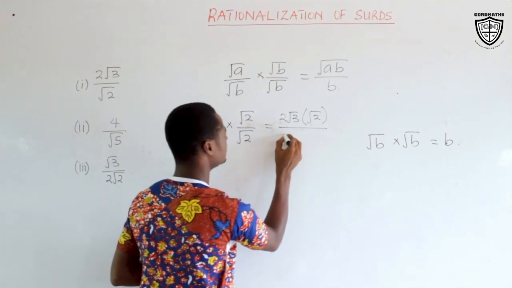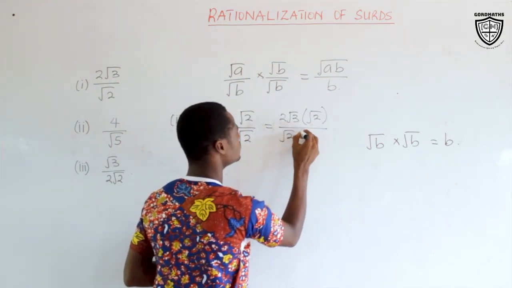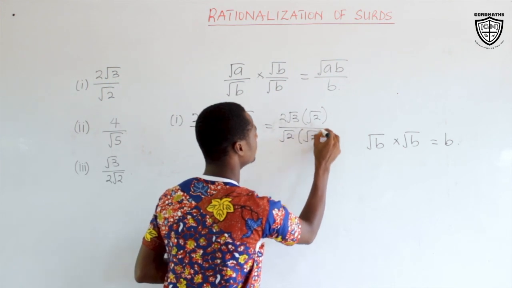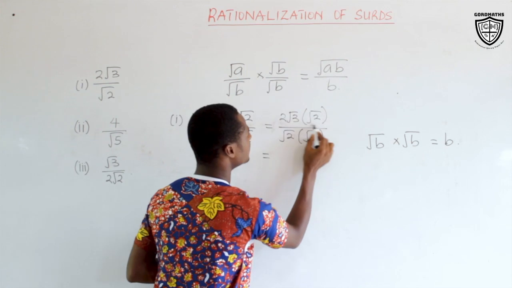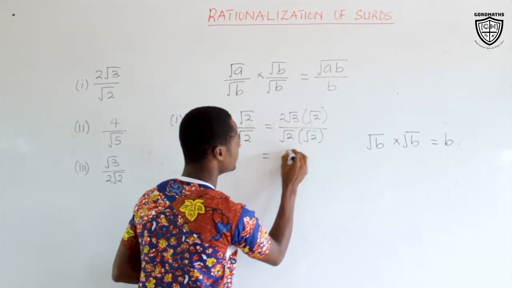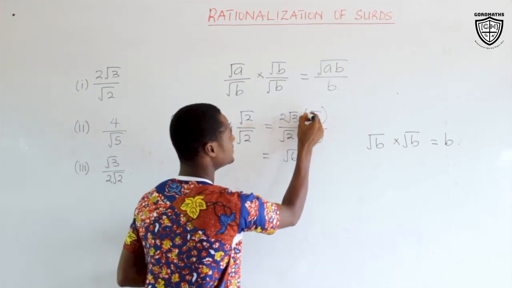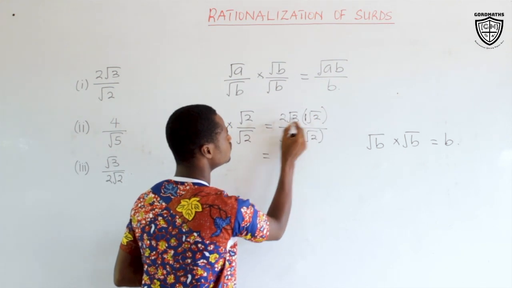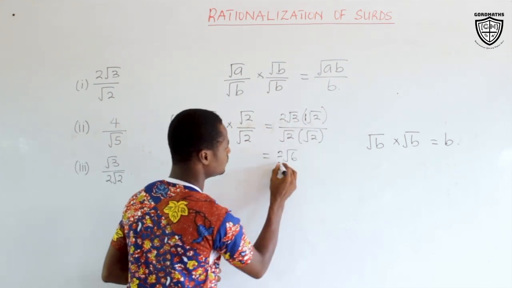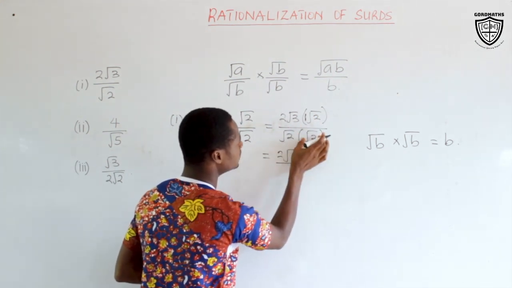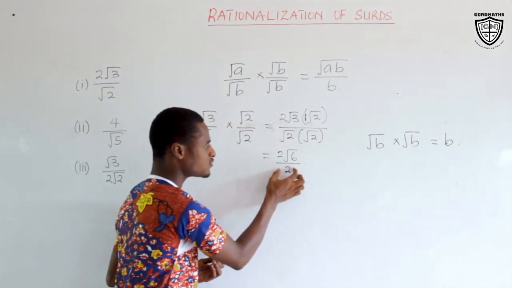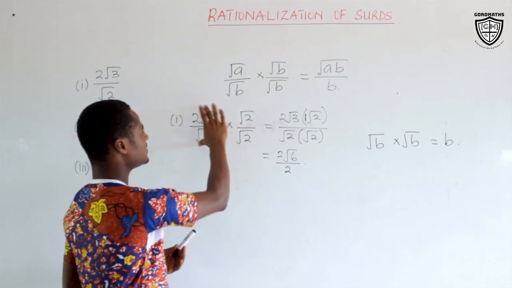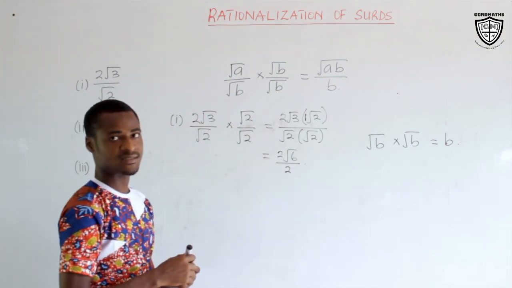And then at the denominator we have square root of 2 times square root of 2. This will give us square root of 3 times square root of 2 will give us square root of 6. Then since this is 1 root 2, 2 times 1 also gives us 2. Divided by root 2 times root 2 will give us 2. Since we don't have a square root at the denominator, this surd has been rationalized.